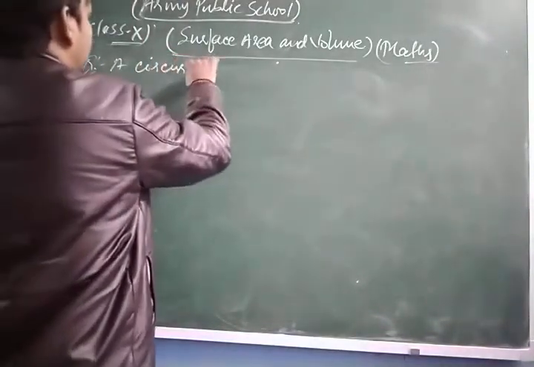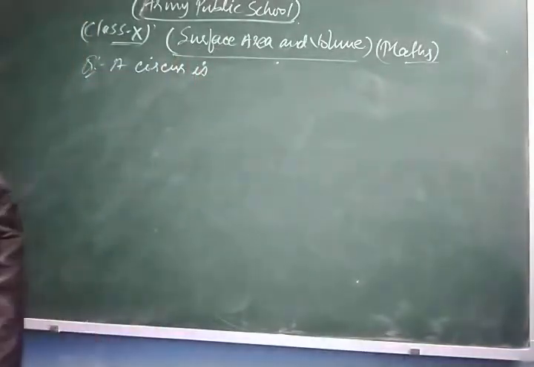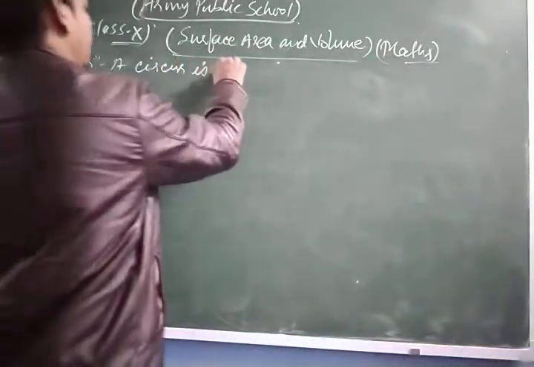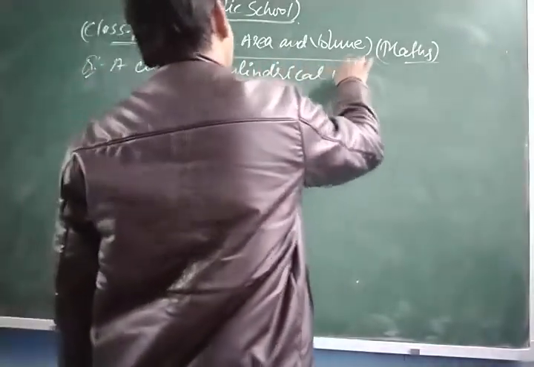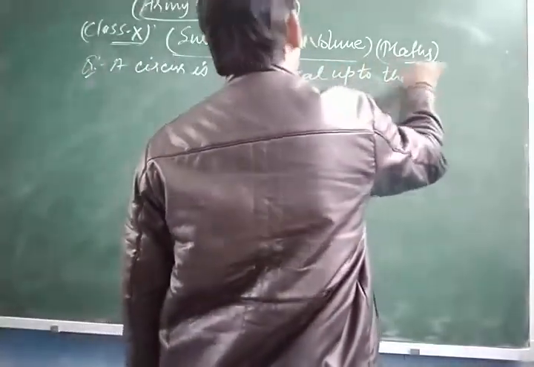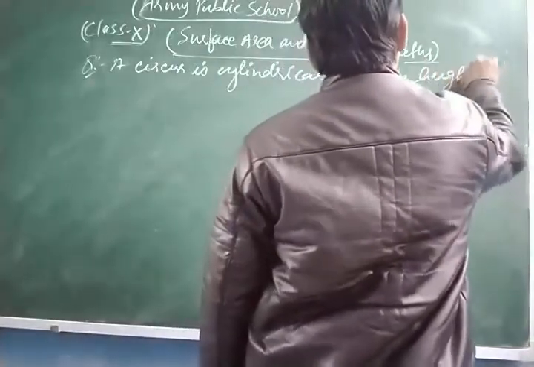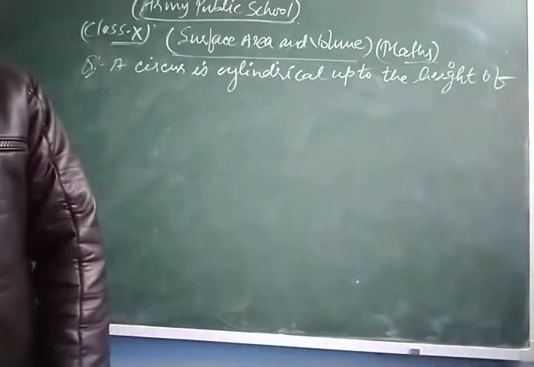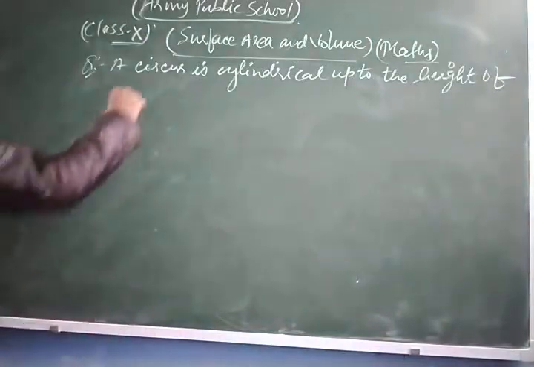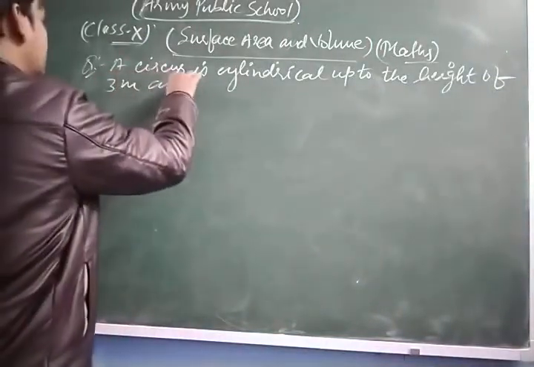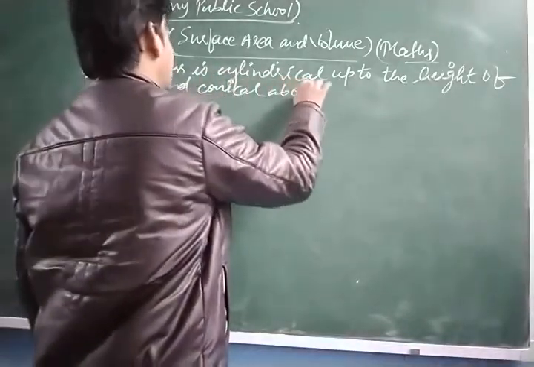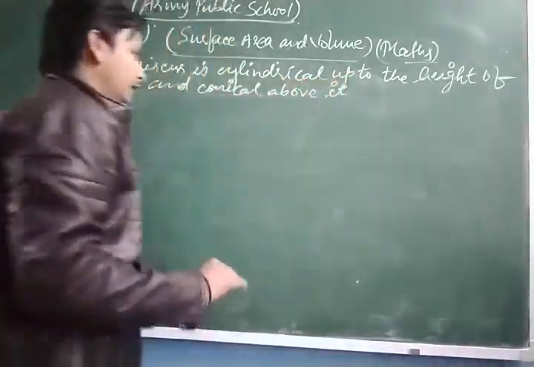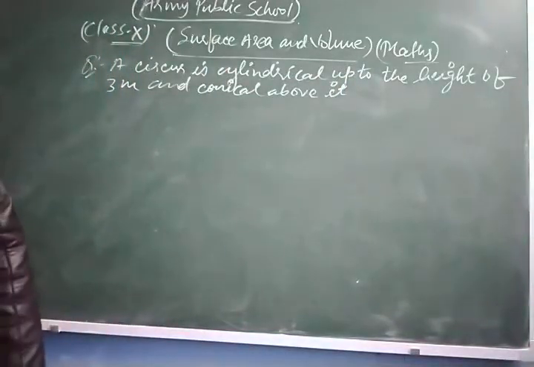A circus tent is cylindrical up to a height of 3 meter and conical above it.